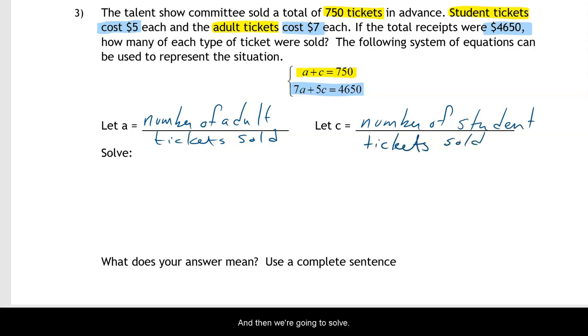Okay. And then we're going to solve. To solve this one, I think this time I'm going to use substitution, which means I need to get a variable by itself. I'm going to use that first equation and solve it for C. So A plus C equals 750.